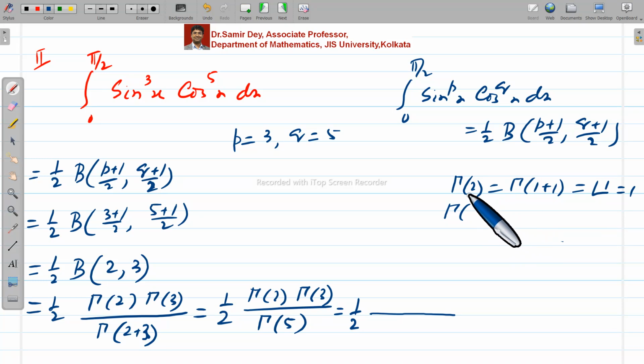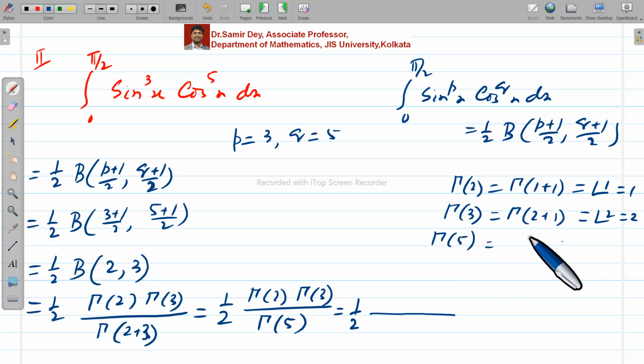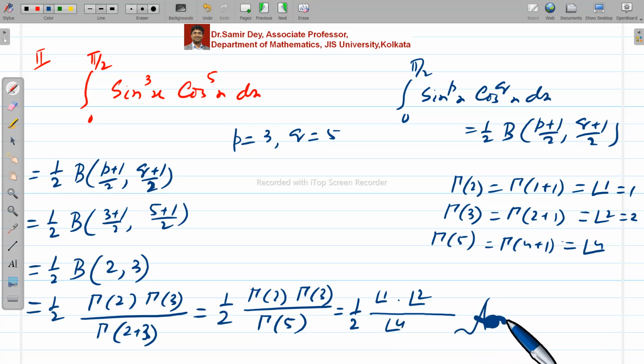Gamma 3 is equals to gamma 2 plus 1, that is factorial 2 means 2, and gamma 5 is equals to gamma 4 plus 1 is equals to factorial 4. So here you may write factorial 1, factorial 2 and factorial 4. Again, if you want to simplify, you can simplify, but whatever I have mentioned up to the last line is totally formula wise. Clear? Formula wise I am writing.